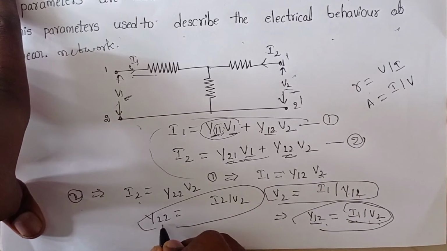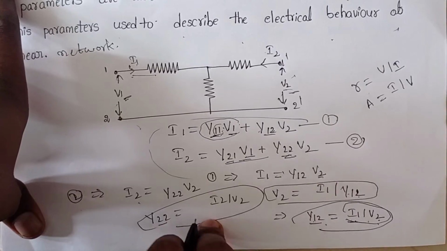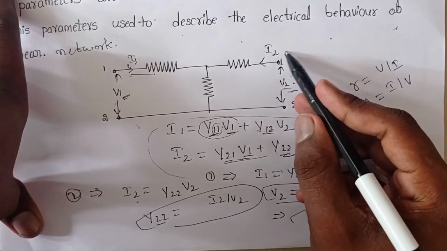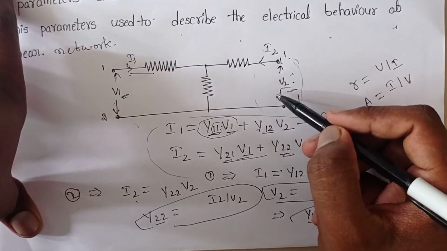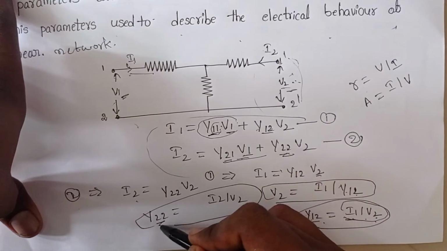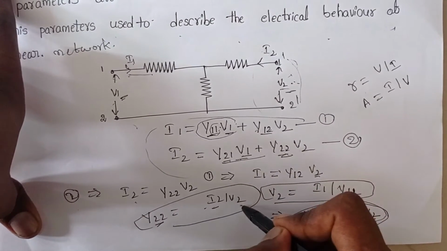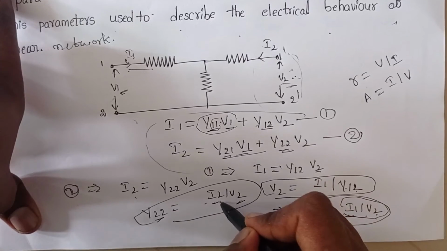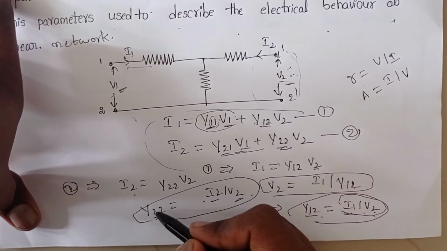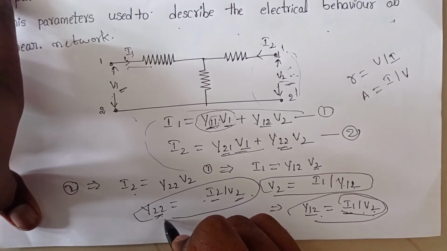I already told you Y22 means the admittance of the second port, which means output admittance. Output admittance Y22 is equal to I2 by V2. Here the 2 indicates that both belong to the output side. That's why it is also known as output admittance.